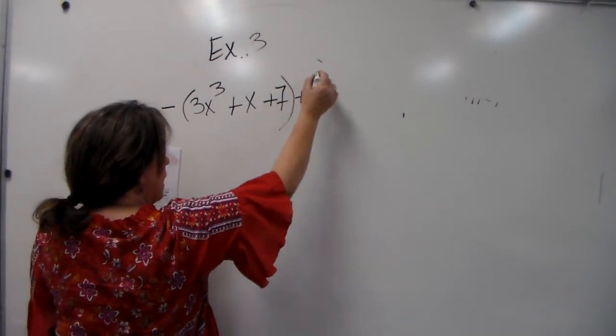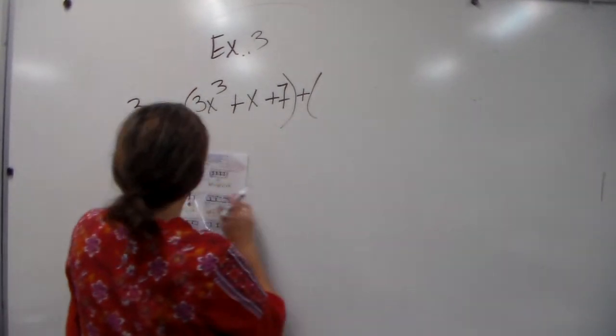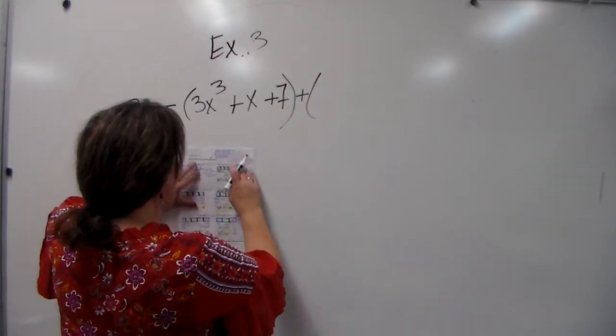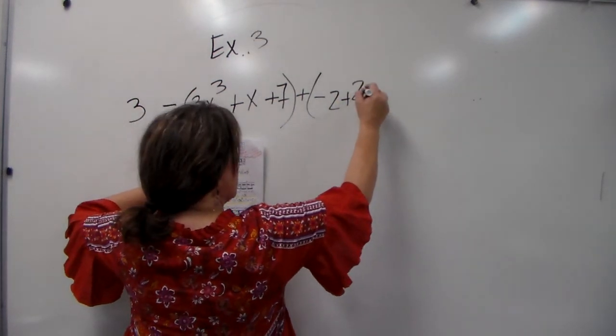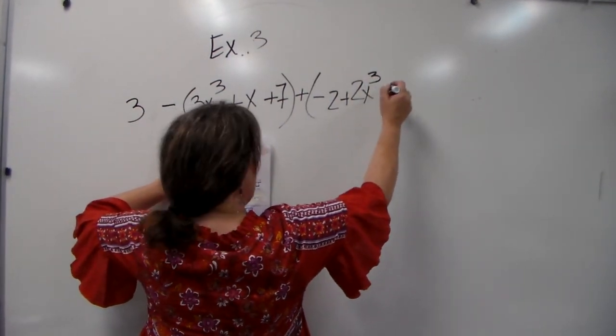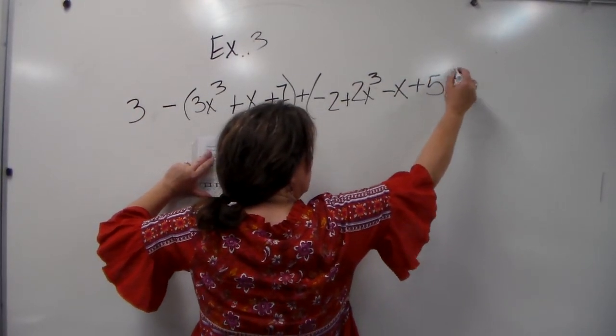Then we have a plus in between the next set of parentheses. And then we have minus 2 plus 2x cubed minus x plus 5x squared.